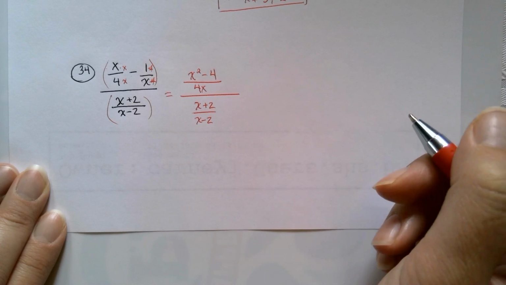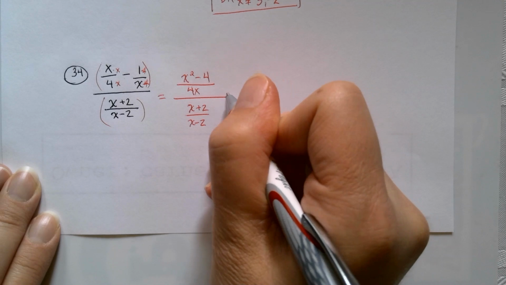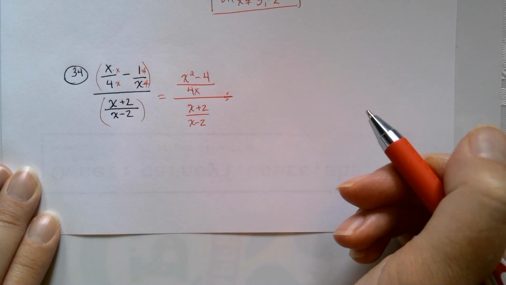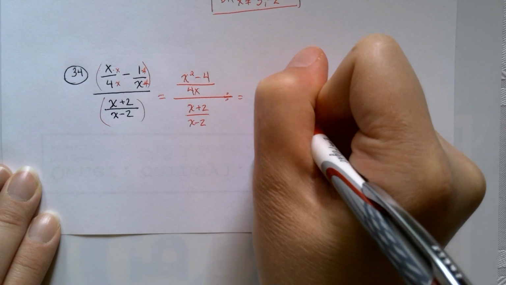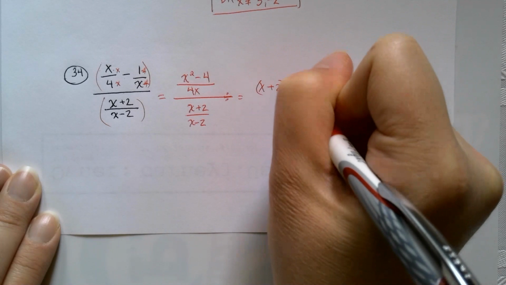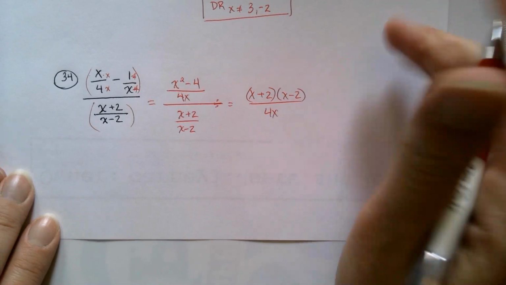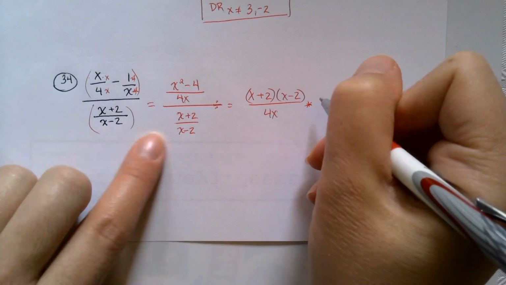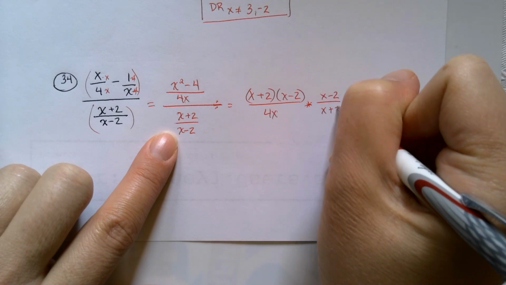And now I'm back to taking my division symbol, right? This is division, division, and multiplying by the reciprocal. So I'm going to factor x plus 2, x minus 2, and then I have a denominator of 4x, and then I'm going to multiply by the reciprocal, which is x minus 2 over x plus 2.